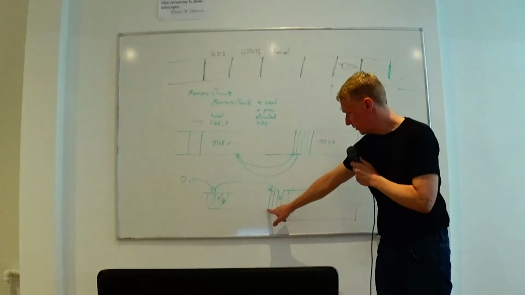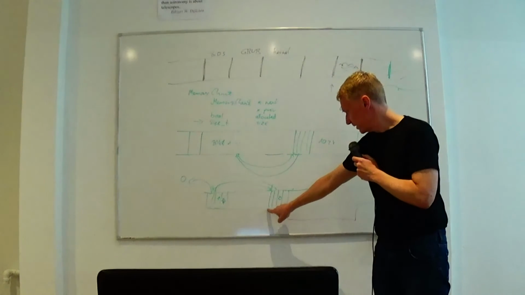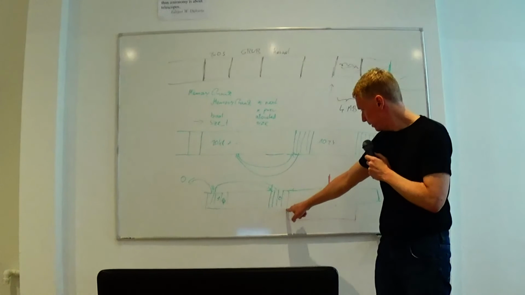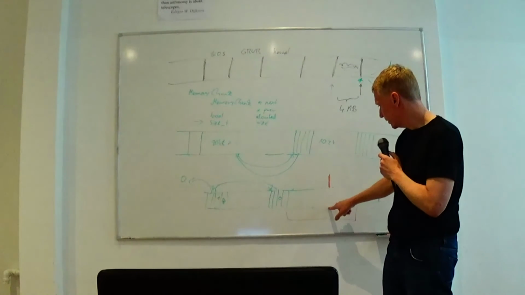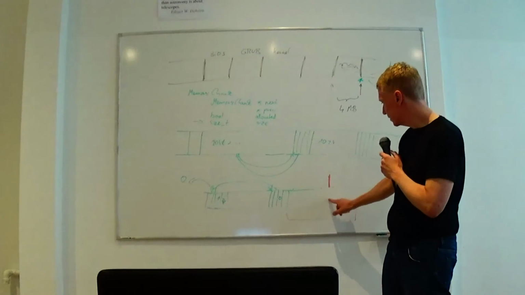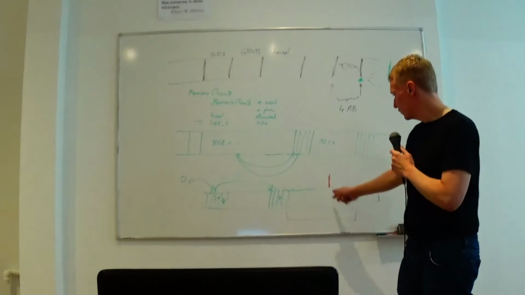So here's the result pointer. We add the size of memory chunk to get here, and then the size that has been requested to get to the position for the next chunk.